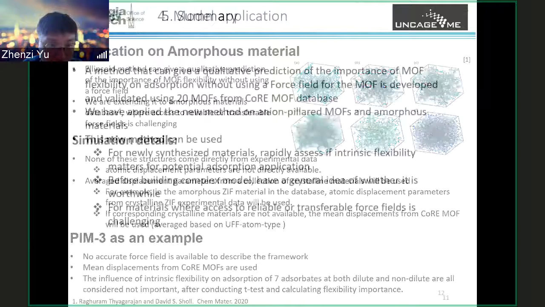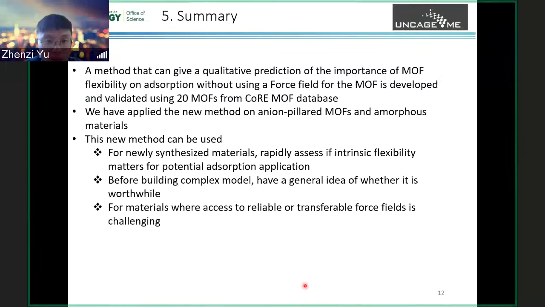So in summary, a method that can give a qualitative prediction of the importance of MOF flexibility on absorption without using force field for MOFs is developed and validated using 20 MOFs from CoRE MOF database. And we have applied the new method on anionic MOFs and amorphous materials.